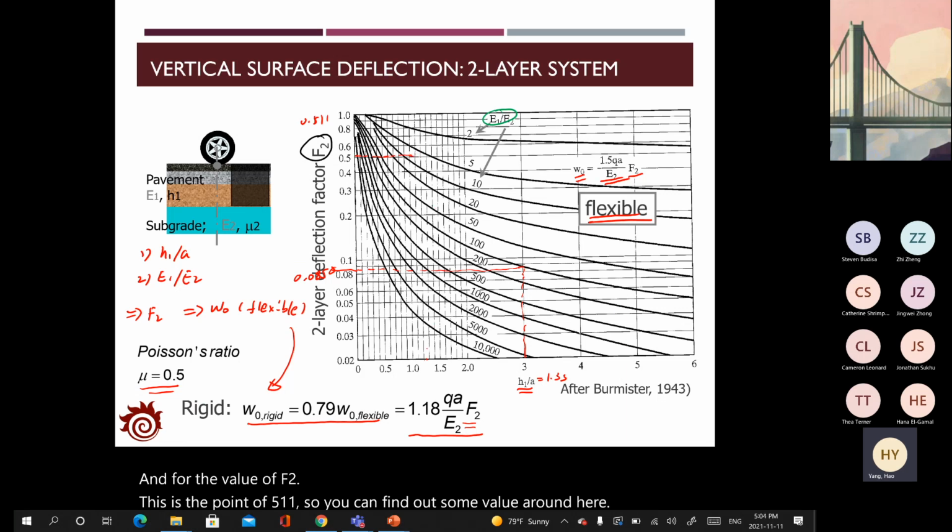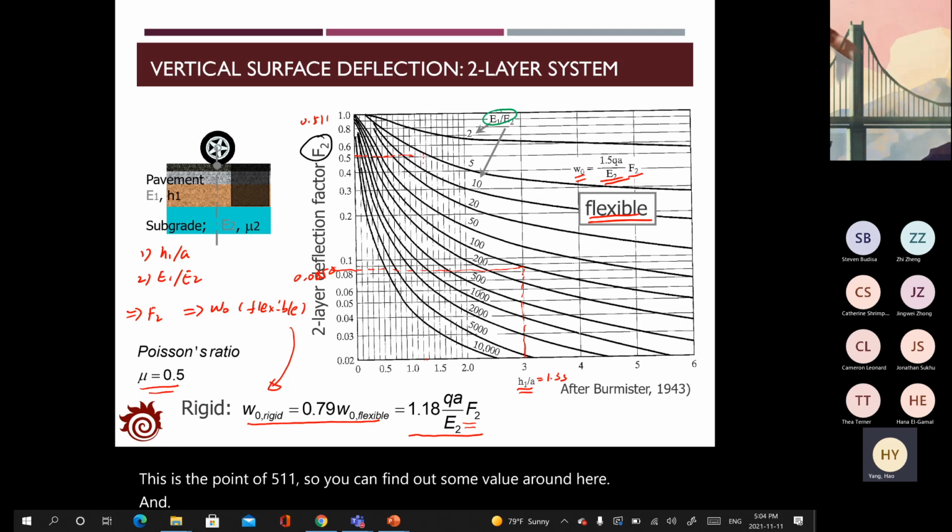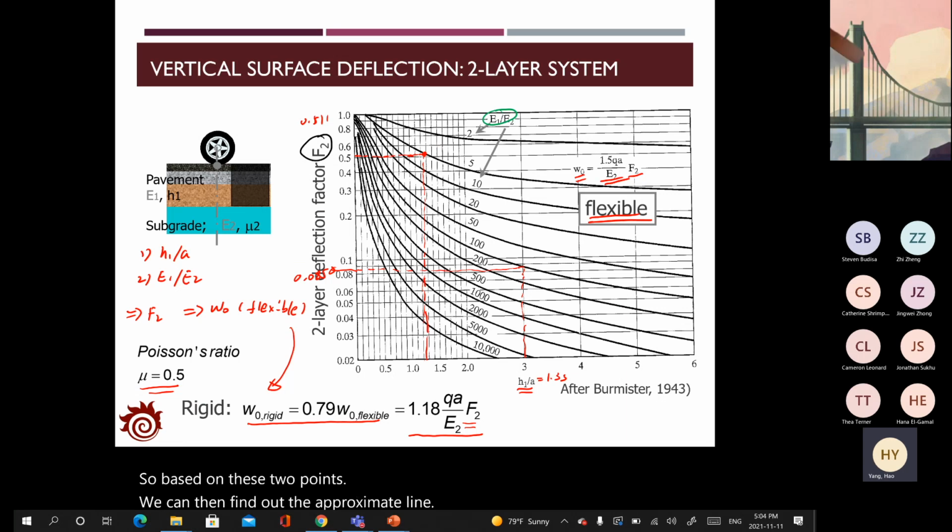And so based on these two points, we can then find the approximate line to represent the ratio of E1 and E2. In this case, that will be 5.